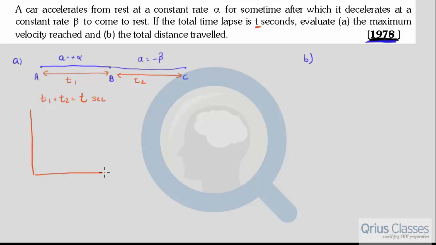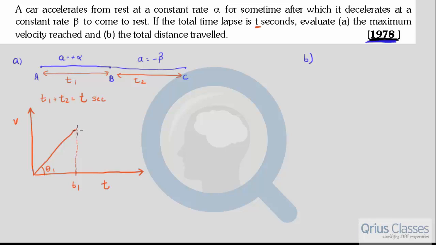If I have to draw a velocity time curve, for t1 seconds the car is accelerating with a positive slope, say theta 1, and it reaches this point.